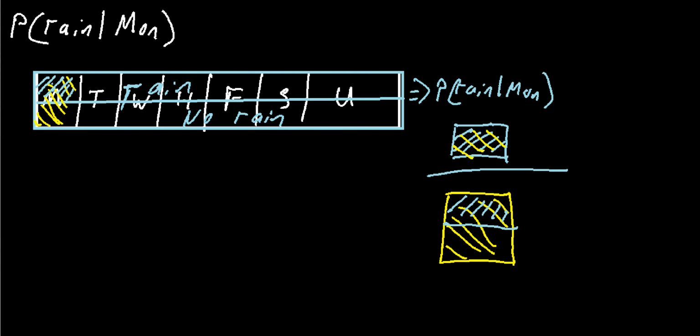Now, what if we wanted to go the other way? What if we wanted to find the probability of it being Monday given that it was raining?